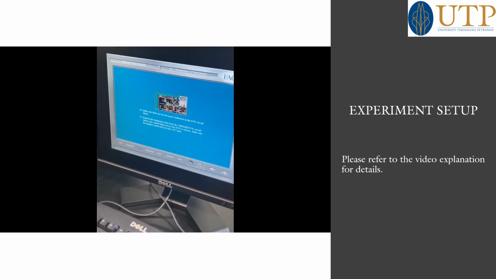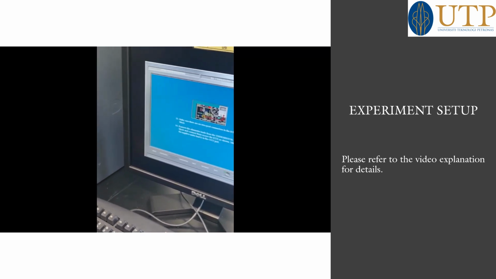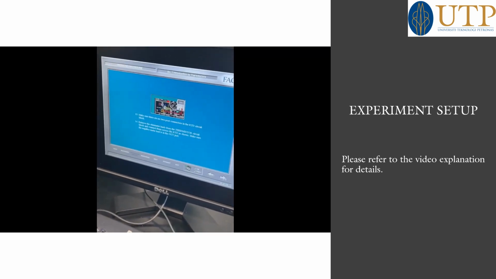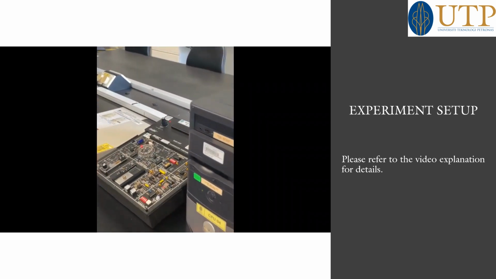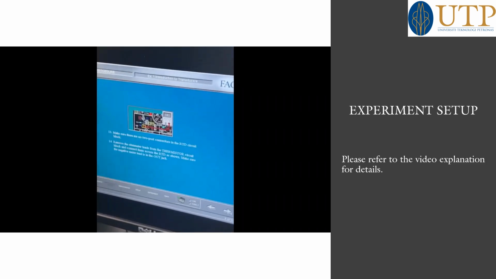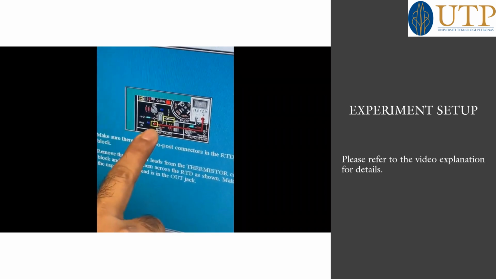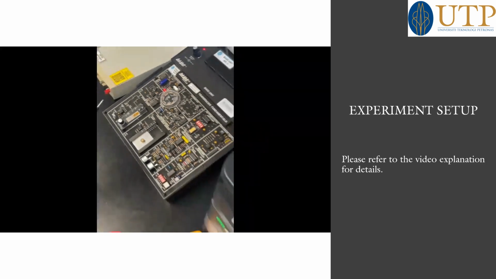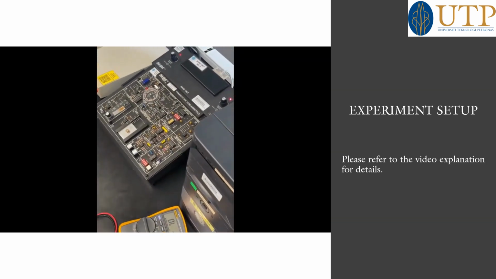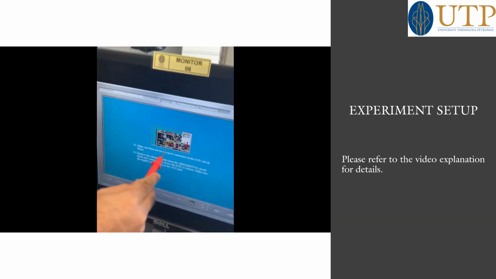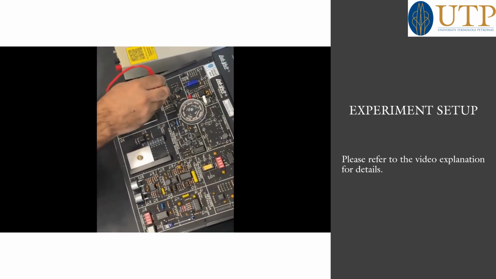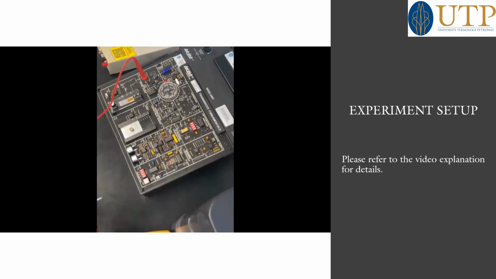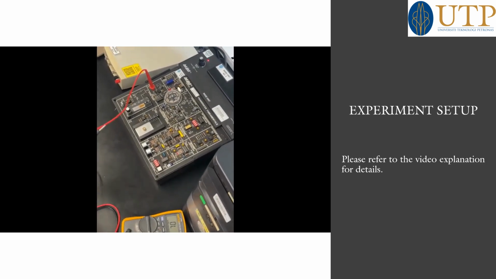Proceed. Make sure there are no two posts connected in the RTD circuit. Remove the ohm meter leads from the thermostat circuit block and connect them to the RTD as shown in the figure. You see which RTD we have to connect to. It should be in the RTD, where you see this. As you see, the positive should be in positive here, and that should be ambient air.